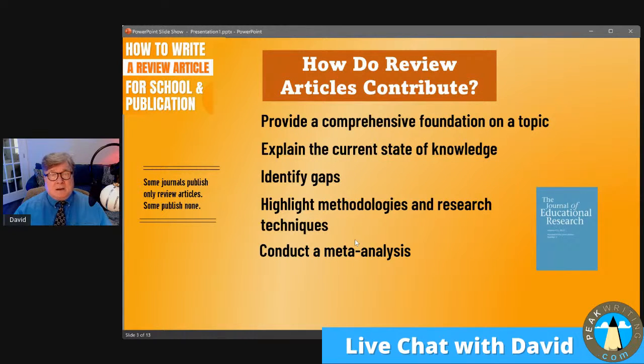And keep in mind, there are literally 10,000 or more academic journals out there. There are companies such as Taylor and Francis, or Routledge, and just that one company has 3,000 academic journals.